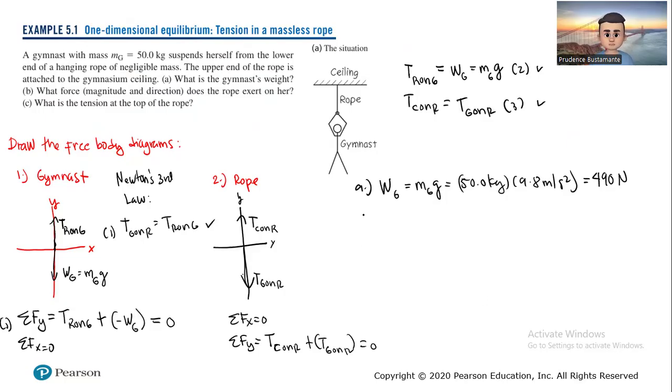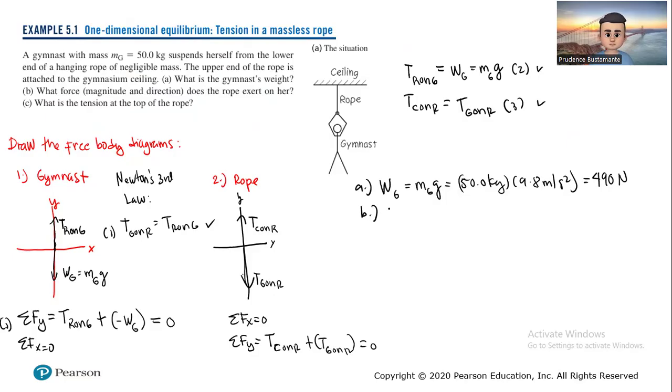So letter B. What force, magnitude and direction, does the rope exert on her? What is the magnitude and direction of the tension of the rope on the gymnast?